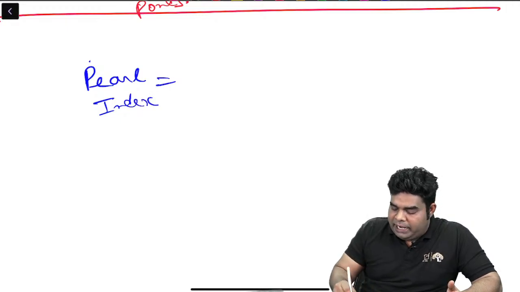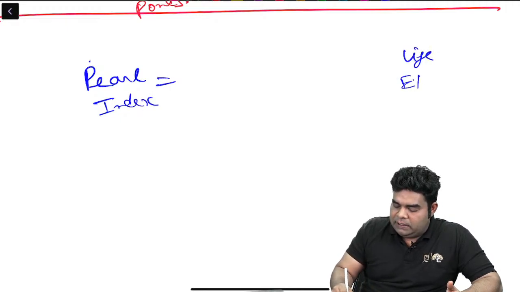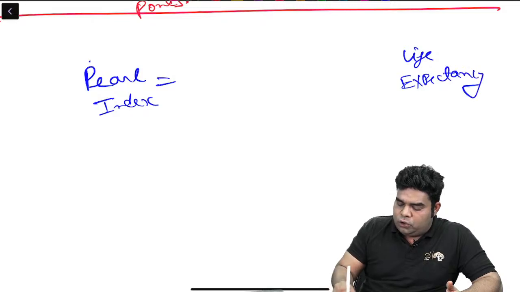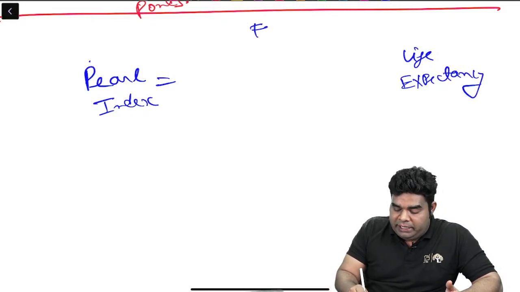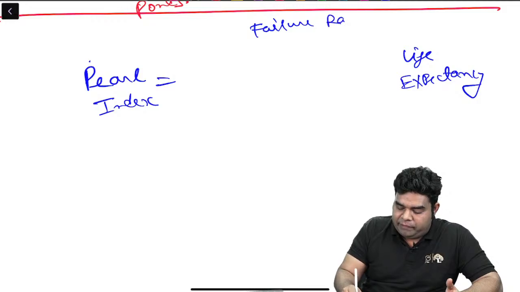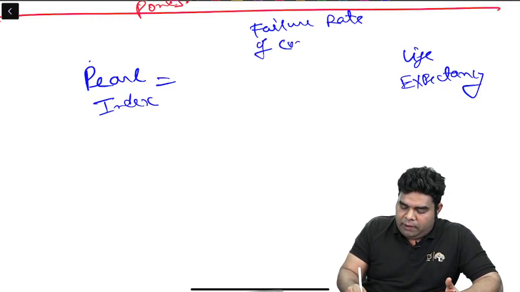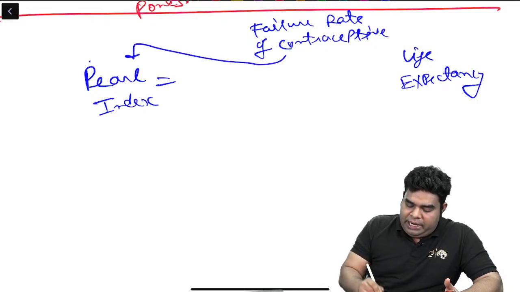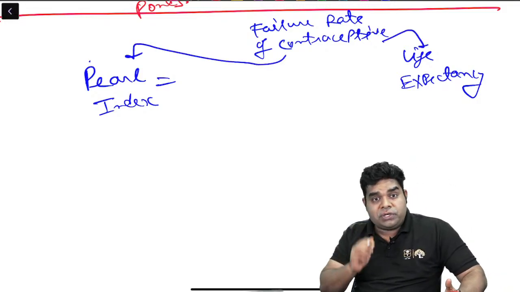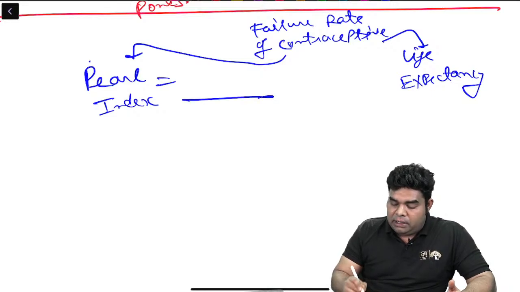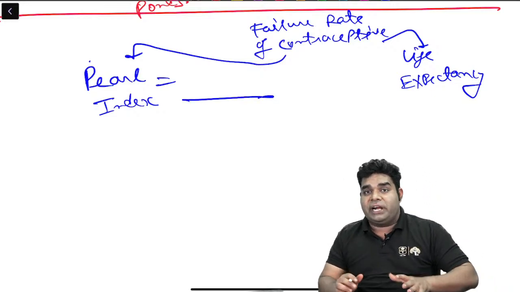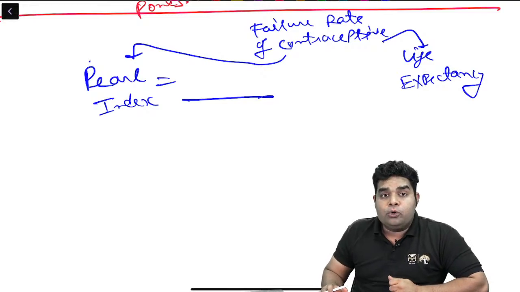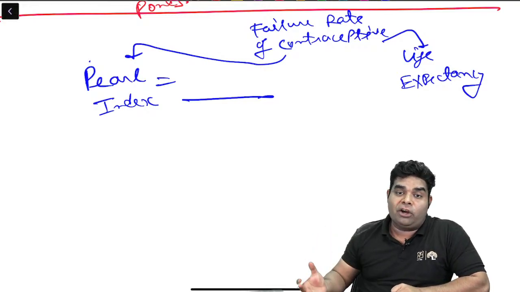So Pearl index and life expectancy are the two methods of calculating failure rate of a contraceptive. Pearl index is used when we are doing a study on a large number of females who are using a contraceptive for a very long period of time.